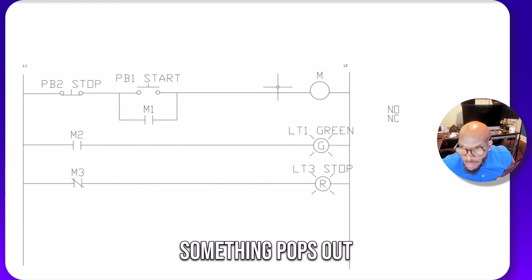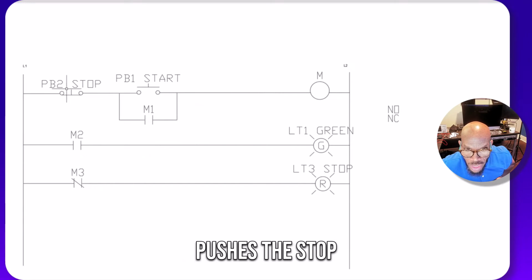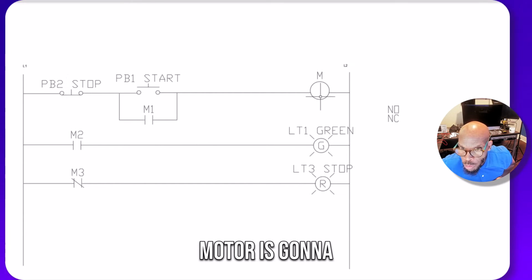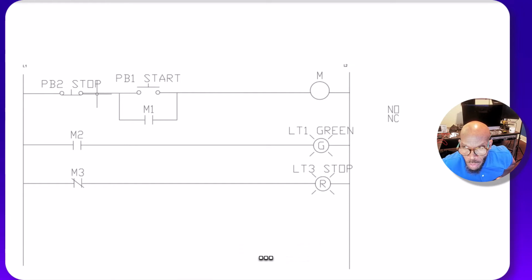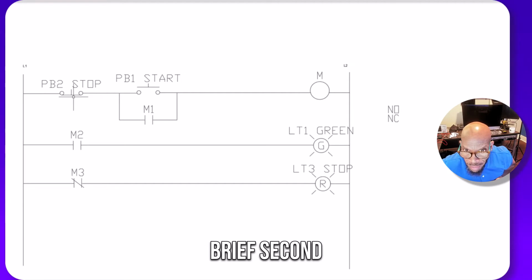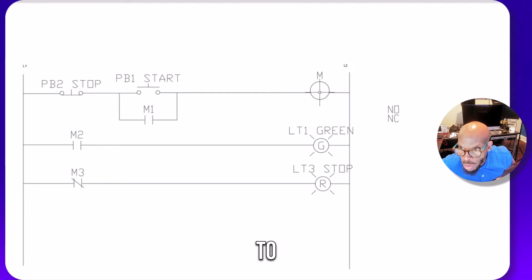What happens if something faults out with the motor, or if somebody pushes the stop push button? The motor is going to stop running because electricity can't get through here. When you push this button, even for a brief second, it's going to break the electricity going to the motor.